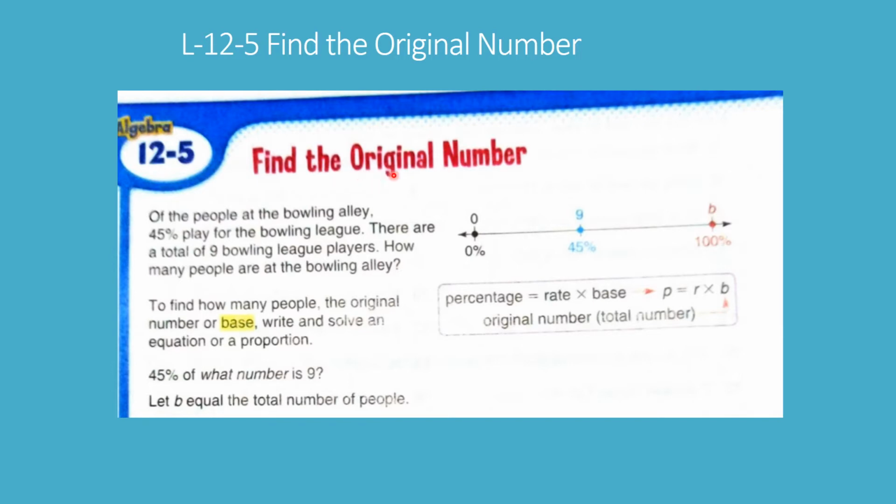Find the original number. Then how to find it? For example, one example is given: 45% play for the bowling league, and the number of players is 9.